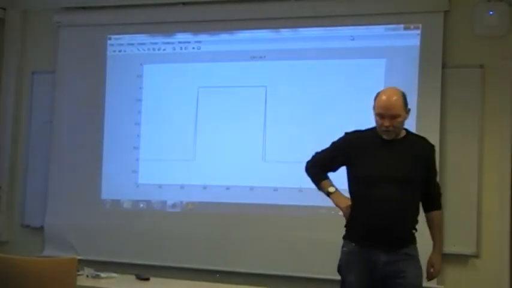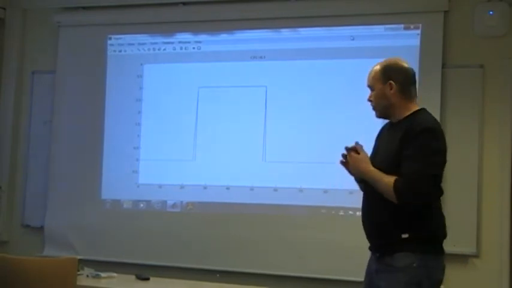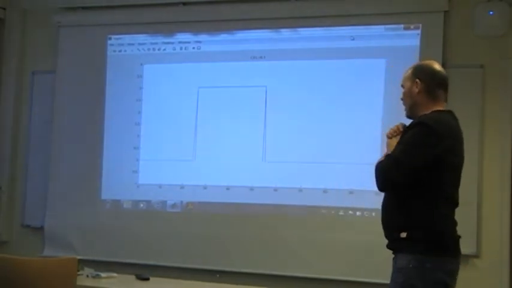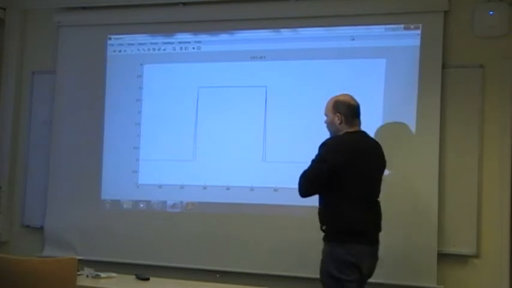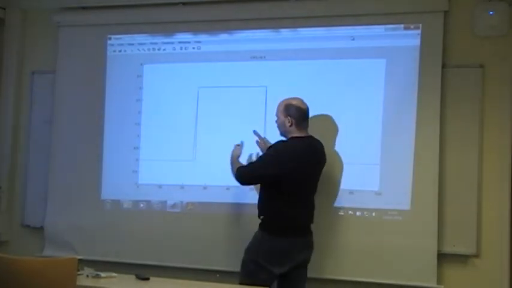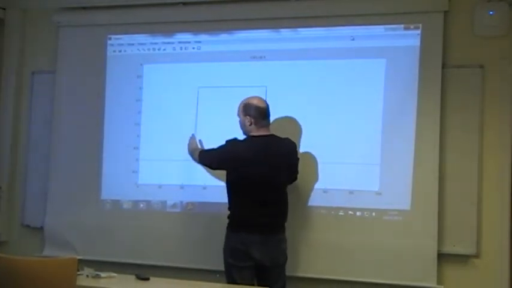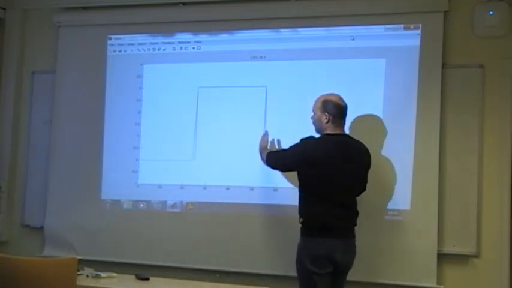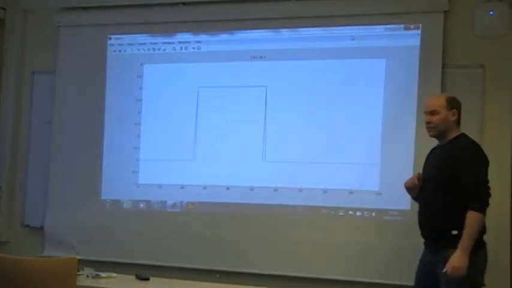Now for the advection equation with a constant transport velocity A0, what it should do is take my signal and just move it as a stiff object, more or less, with a velocity A0.